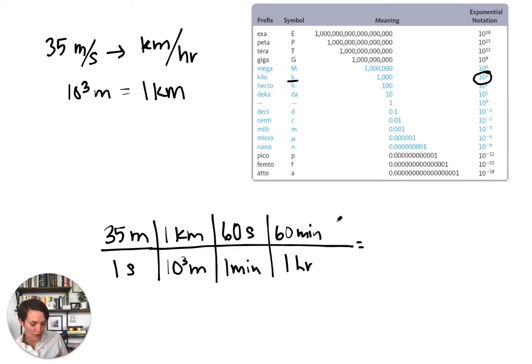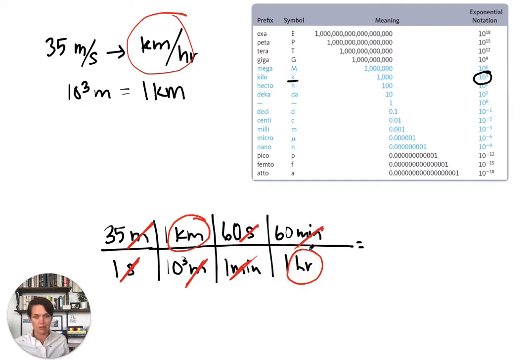It's really nice to go through and make sure that the unit that you want, in this case kilometers per hour, is the unit that you end up with. So I look at my problem and I say, okay, I started out with 35 meters. My meters canceled out. I started with seconds. My seconds canceled out. My minutes canceled out. And I'm left with kilometer in my numerator and hour in my denominator.